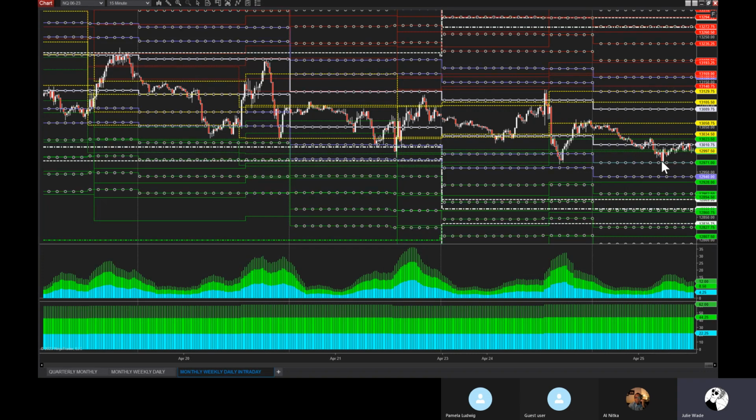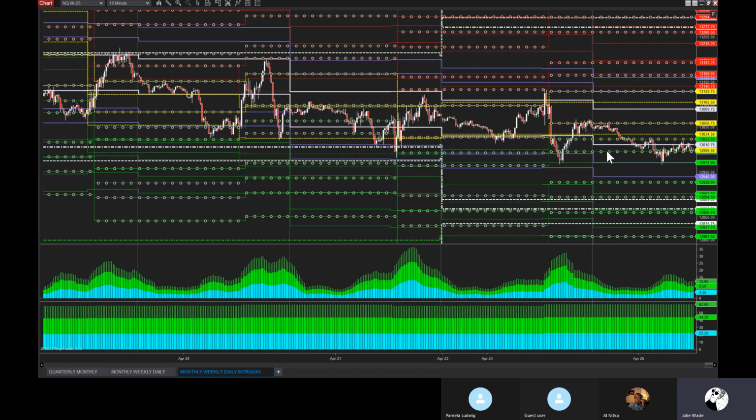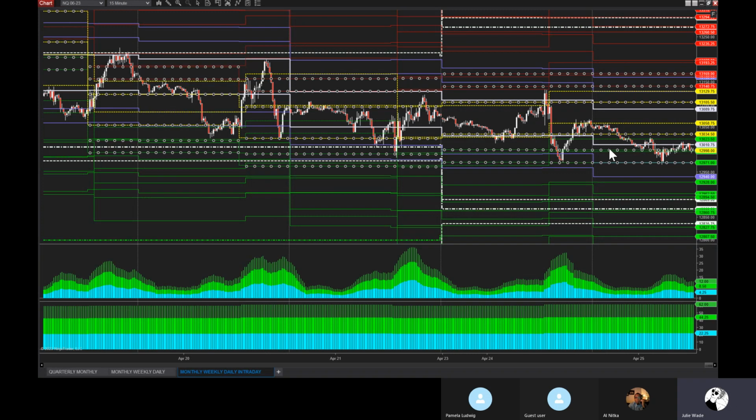So you can see it went to the 2 and is balancing on the 1. And my initial balance levels, my 2 and 3. So the initial balance 3 has been holding price.